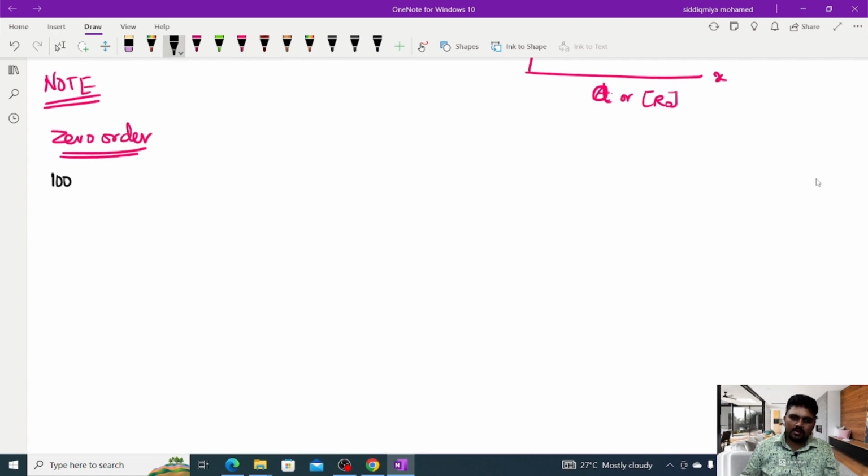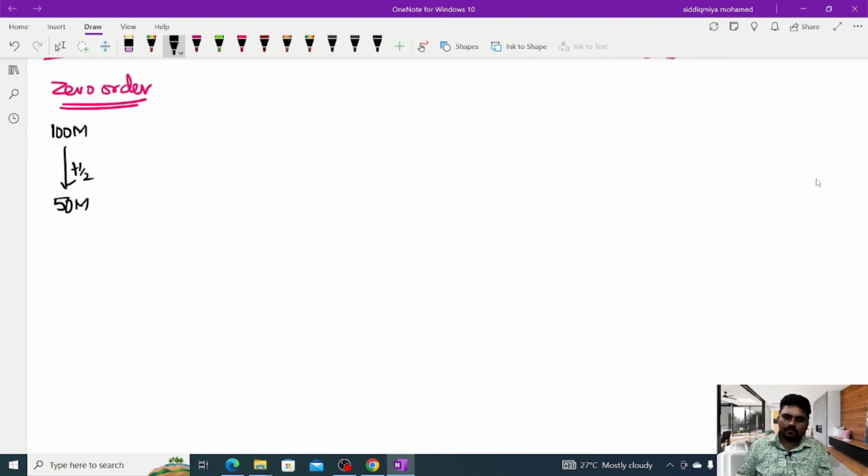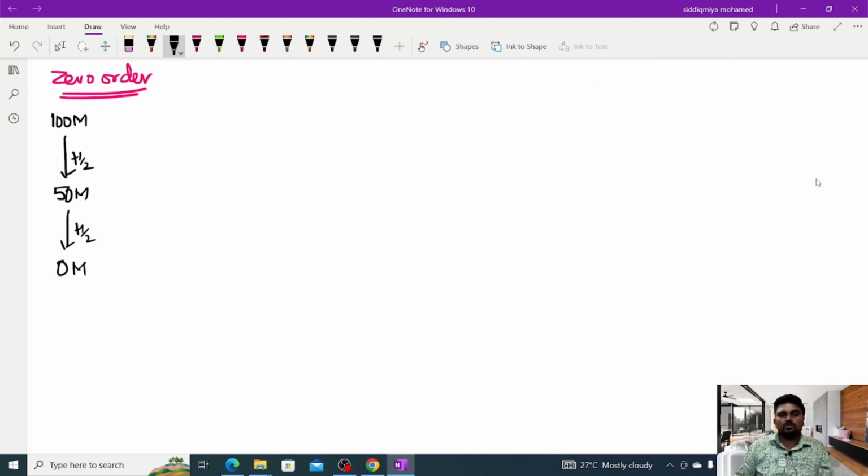If you take 100 molar of a reactant, within 1 T half it becomes 50 molar. In another T half it becomes 0 molar. So time taken for 100% is written as 2 into T half, because the concentration was reduced from 100 to 0 in 1 T half and 2 T halves.